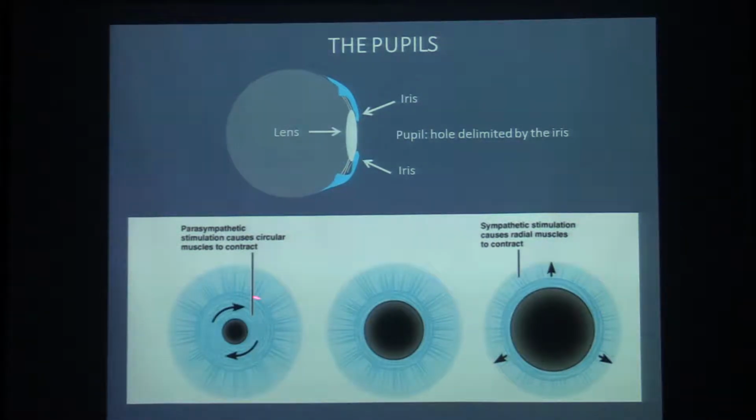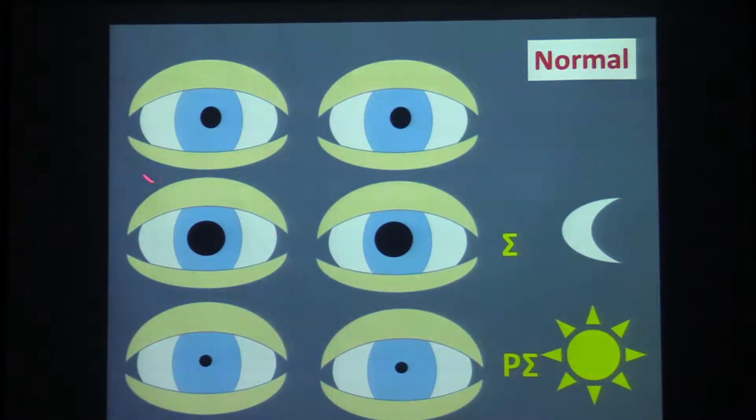One is the constrictor of the iris, which depends on the parasympathetic fibers, and one is the dilatator of the iris, which depends on the sympathetic system.